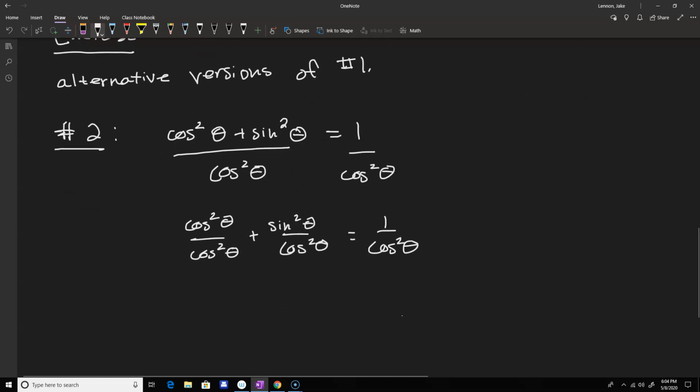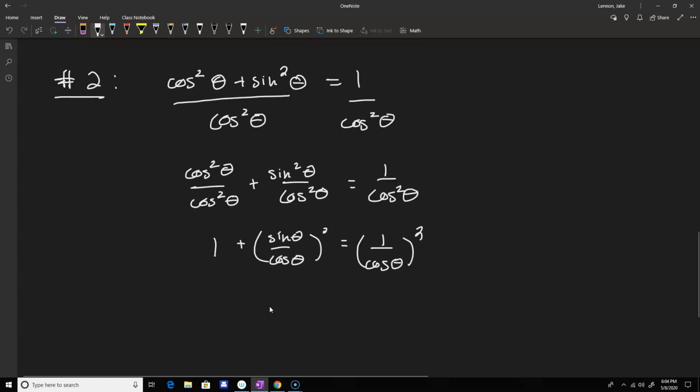So now we can perform a little simplification. So cosine squared theta over cosine squared theta is 1, and then we can actually rewrite this as sine of theta over cosine of theta, quantity squared, appealing to some laws of exponents, and similarly the right hand side of the equation can be rewritten as 1 over cosine theta quantity squared.